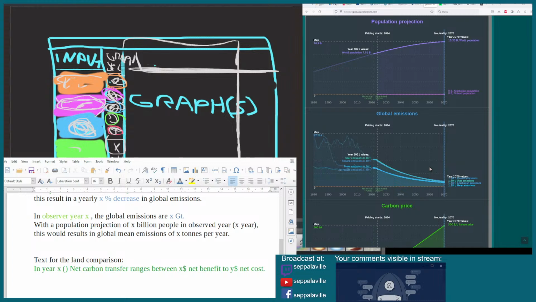Whereas the same carbon price might feel like a lot for a poor person.